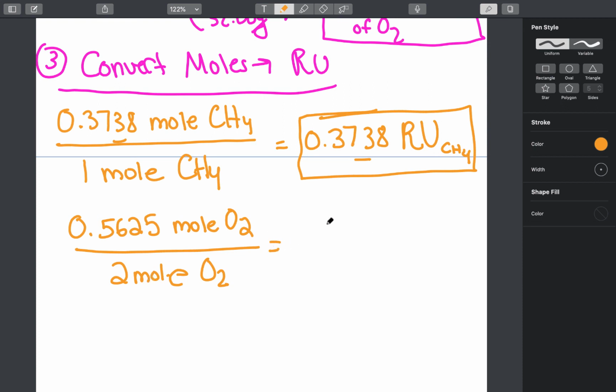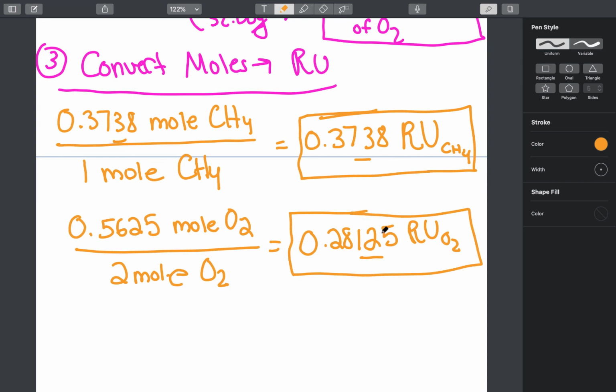When you plug this in your calculator, you get 0.2812, so put a little underline there, 5 reaction units of oxygen. Here we can make the judgment now. The species with the lowest amount of reaction units is the limiting reactant. So in this case, O2 is the limiting reactant.